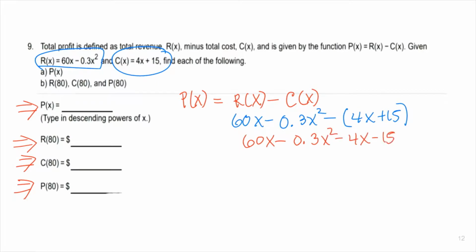Combine anything that's like. Put it in descending order. Negative 0.3x squared plus 56x negative 15.